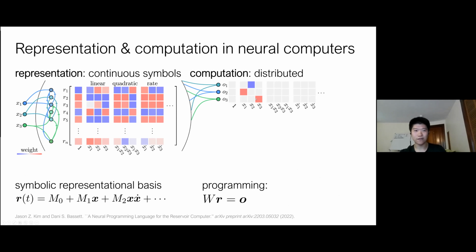I'll go through this again, right? R of t, or the reservoir neural states, can be represented as some weighted sum of inputs and nonlinear terms of the inputs, right? And then we can just take linear combinations, weighted sums of the neural states, in order to give us whatever function of the inputs that we want, right?